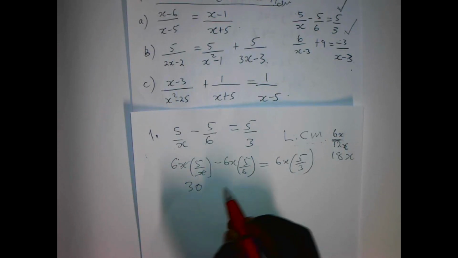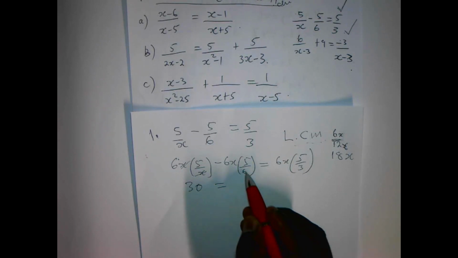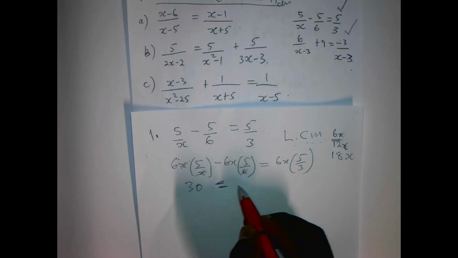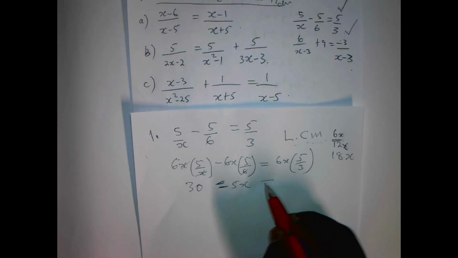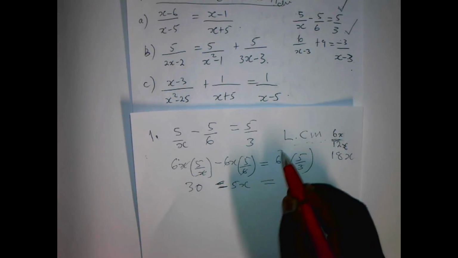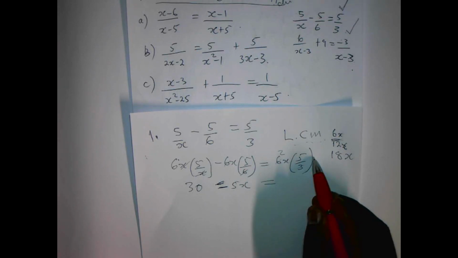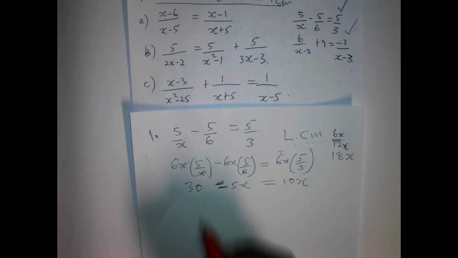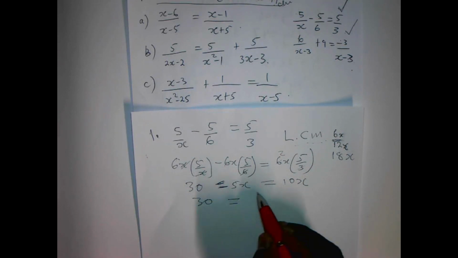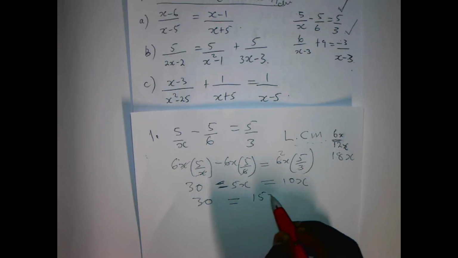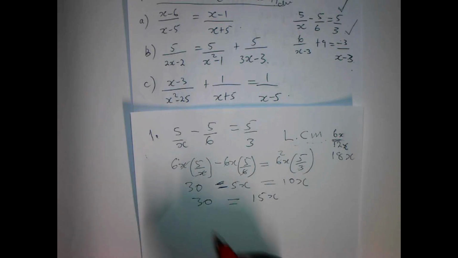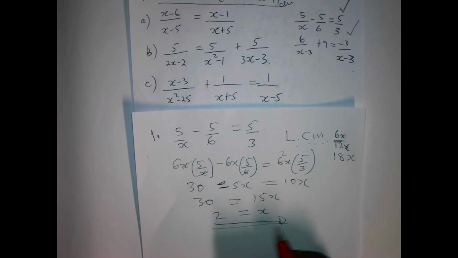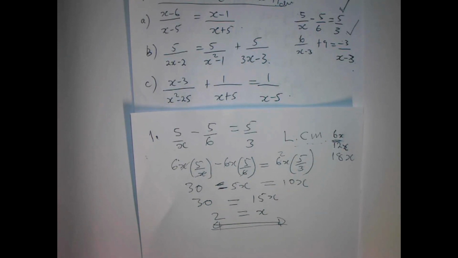We have 30 minus 5x is equal to, we can divide there to get our 2x times 5, that will give us 10x. So we collect our terms, so we'll have 30 is equal to 5x goes the other side, that will be 15x. So we can divide throughout by 15 to get our x is equal to 2. Simple, very simple and straightforward.